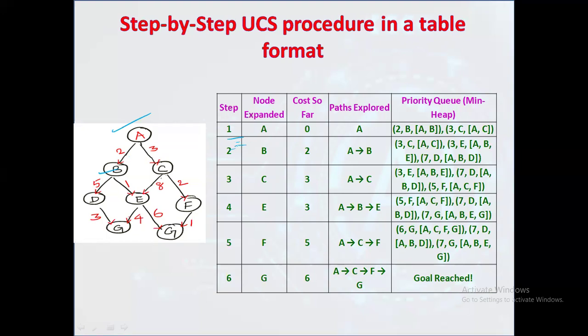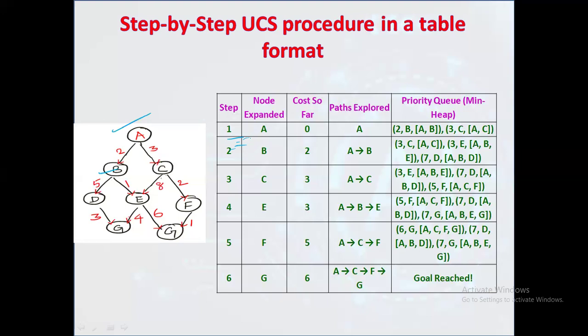This table provides a step-by-step breakdown of how UCS expands nodes in order of their cumulative path cost. UCS ensures that the lowest cost path is always expanded first, making it an optimal algorithm for finding the least cost path.